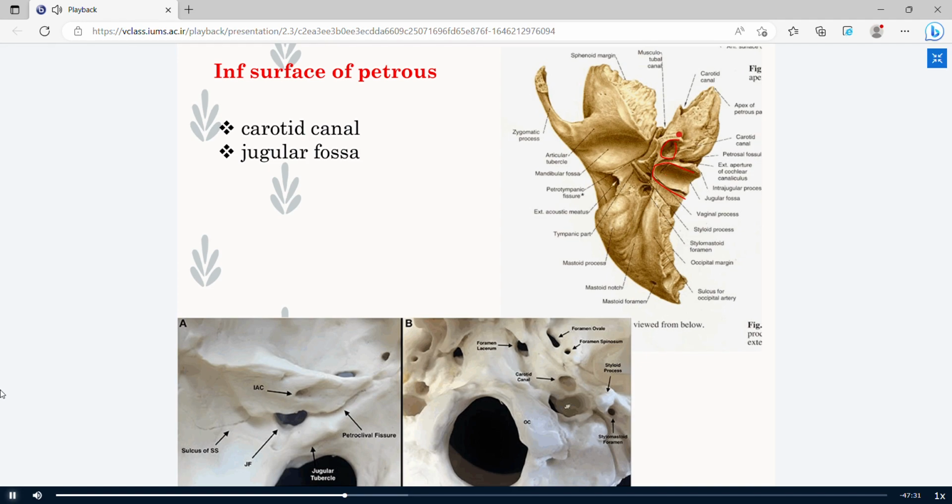The jugular fossa from the petrous matches the jugular notch from the occipital bone. This is the jugular fossa from the petrous. Together they finally form the jugular foramen. This is the jugular foramen, formed by two bones, the petrous from the temporal bone and the occipital bone.